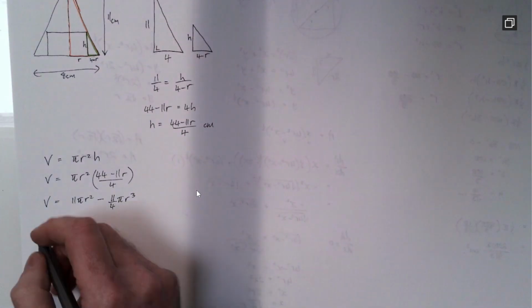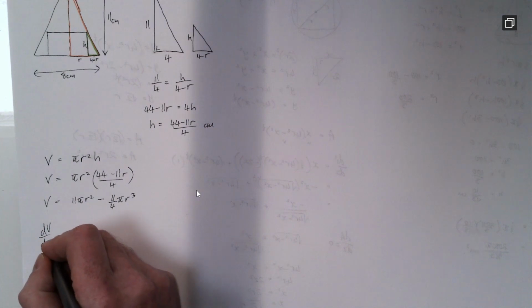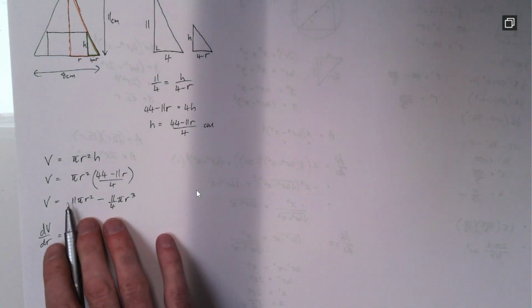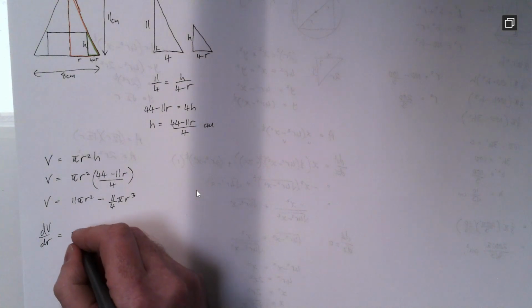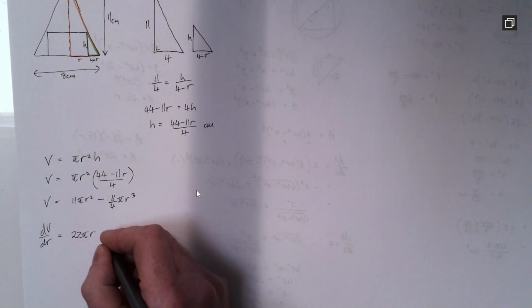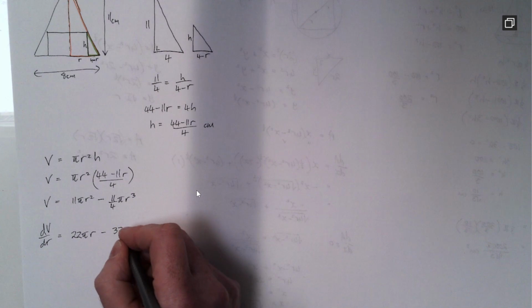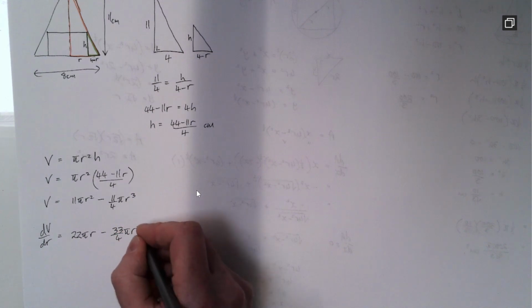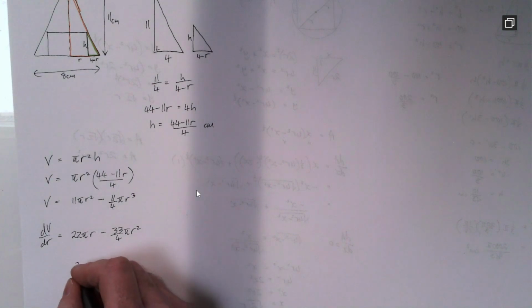Now find dV/dR. Differentiate: dV/dR equals 2 pi R minus 3 over 4 pi R squared, and set it equal to 0, then solve for R. So 2 pi R equals 3 over 4 pi R squared.